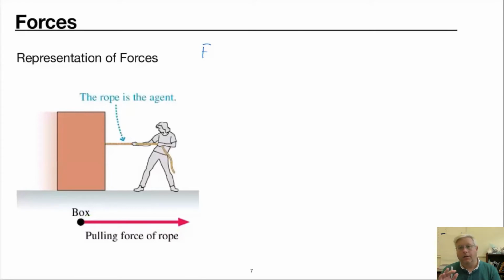And the arrow points in the direction of the force. Okay. And we could also see here how this image applies the particle model to the box. So rather than drawing the whole box, we can just symbolize its position with a dot. And sometimes that makes our life easier, which we've seen in previous lessons where we've applied the particle model.